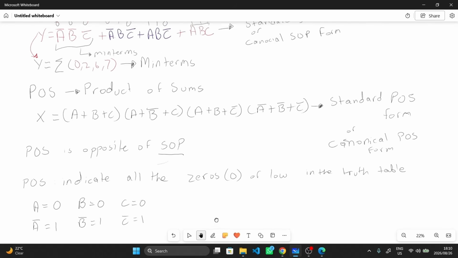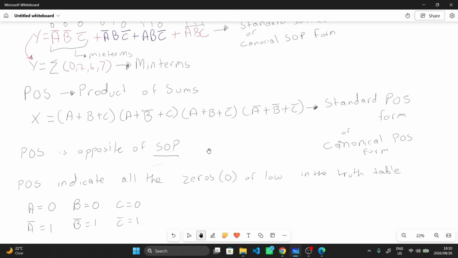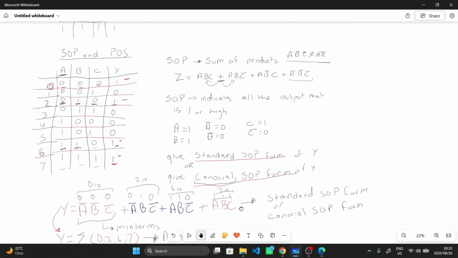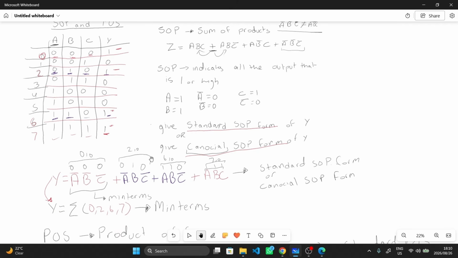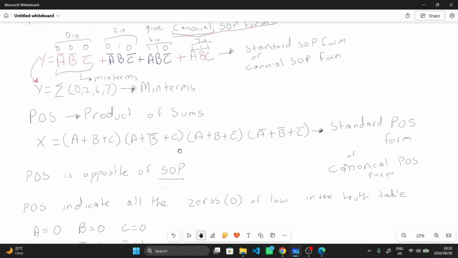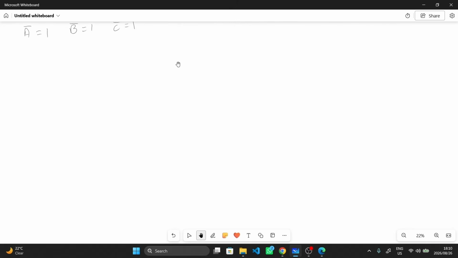Now we are going to represent this truth table using POS, right? But then we'll be only representing all the zeros. So we start with Y again. We start with the first 0.